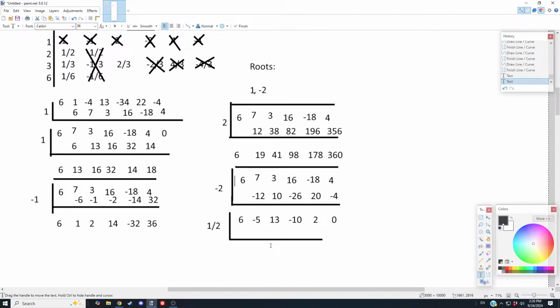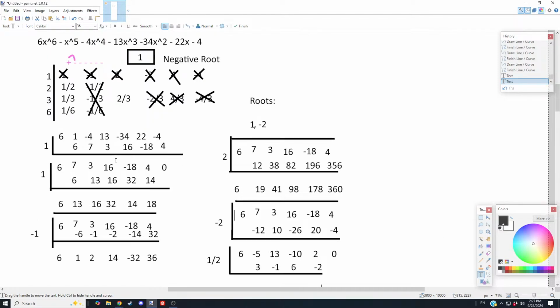So we pull down a 6. 6 times a half is 3. 3 minus 5 is -2. -2 times a half is -1. 13 minus 1 is 12. 12 times a half is 6. 6 minus 10 is -4. Half of -4 is -2. And 2 plus 2 is 0. So that was successful. Okay.